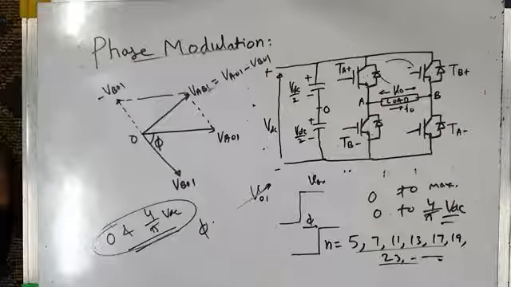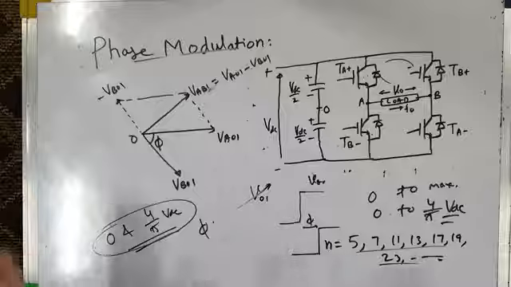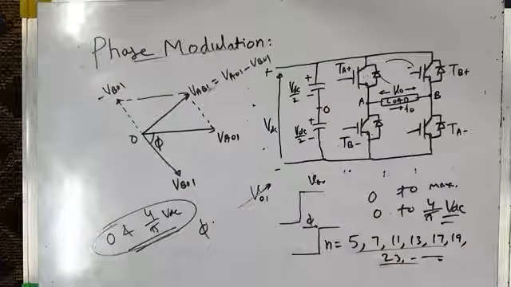That is why phase modulation is only of theoretical interest. We just study it for the sake of understanding that the inverter output voltage can be controlled by phase modulation. But since the inverter output voltage will be very rich in harmonics, and it will not be possible for us to suppress those harmonics, this method is generally not recommended.